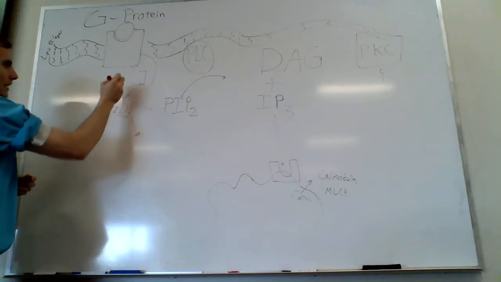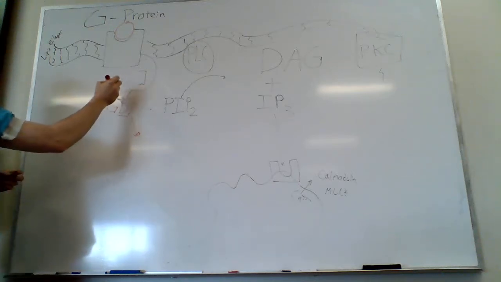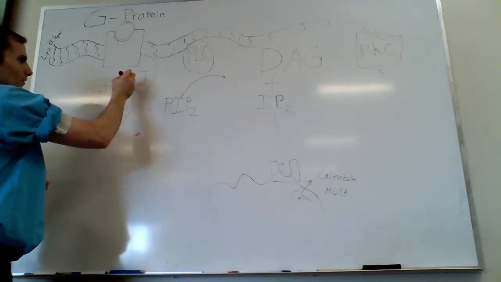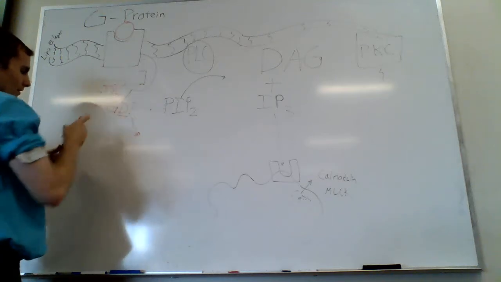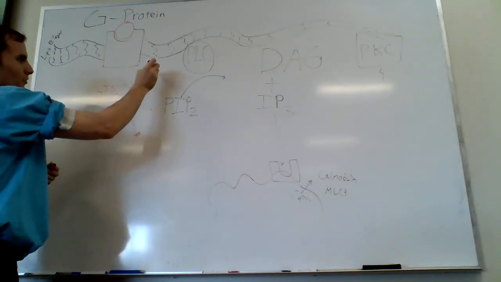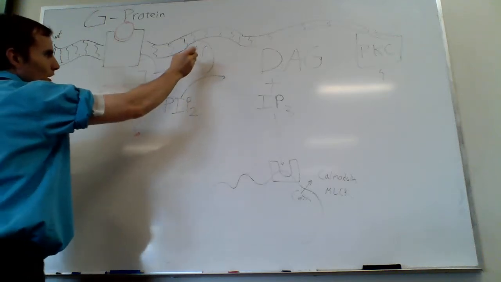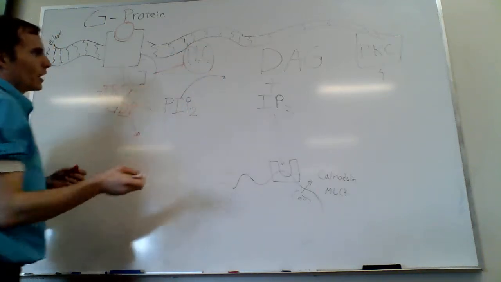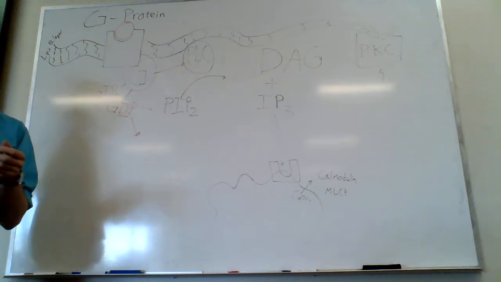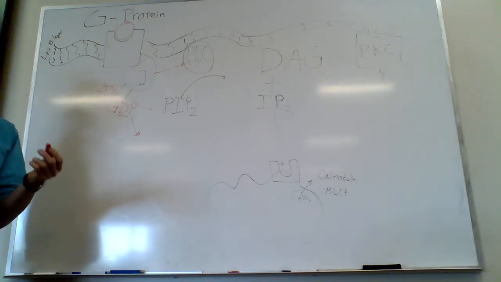So GDP is gone, it now has GTP, and GTP means that this G-protein now has energy, and it'll go over to PLC, which is phospholipase C, and the name tells you what it's going to do.